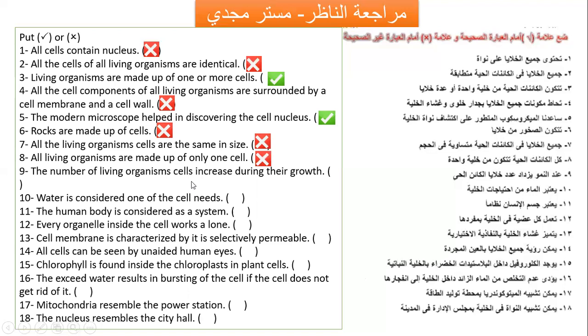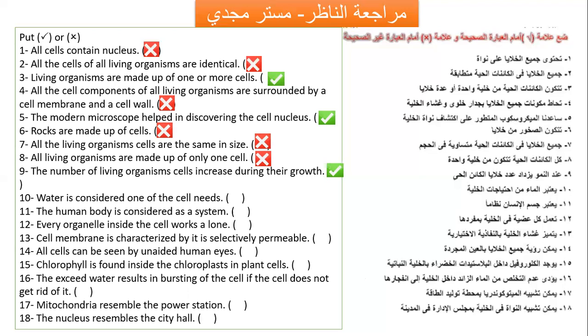The number of living organisms' cells increase during their growth. Yes, we have said this. We grow due to the increasing number of cells. Water is considered one of the cell needs. Yes, we said the cell needs nutrients or food and oxygen to get energy, and they need water to stay alive.